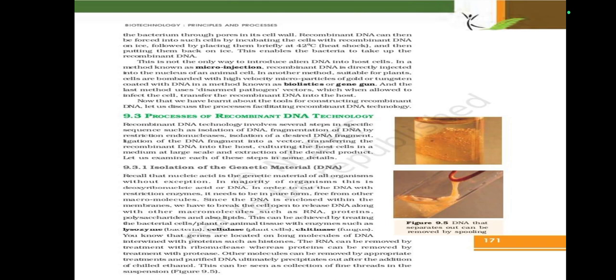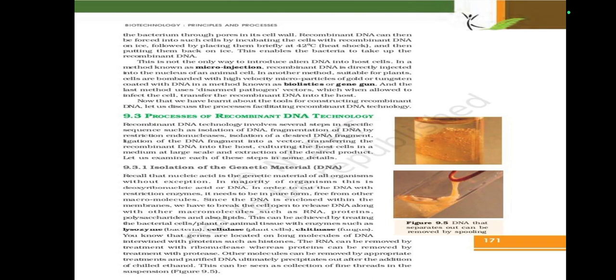This is not the only way to introduce alien DNA into host cells. In a method known as microinjection, the recombinant DNA is directly injected into the nucleus of an animal cell. In another method suitable for plants, cells are bombarded with high velocity microparticles of gold or tungsten coated with DNA, in a method known as biolistics or gene gun.